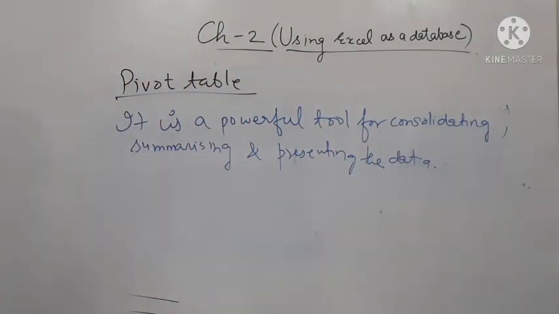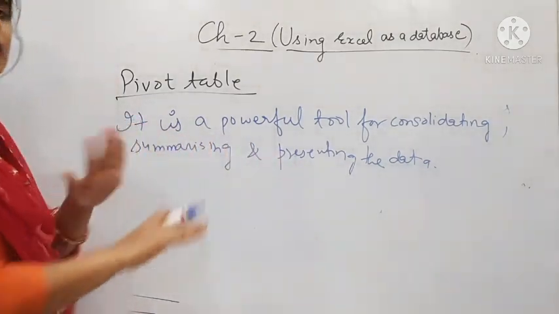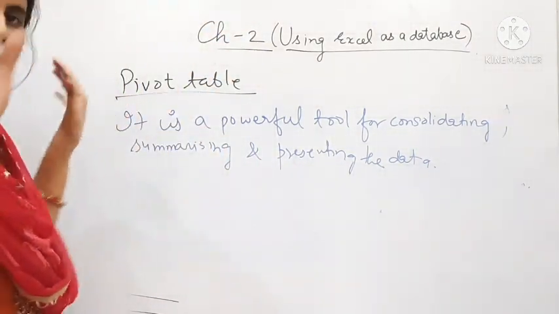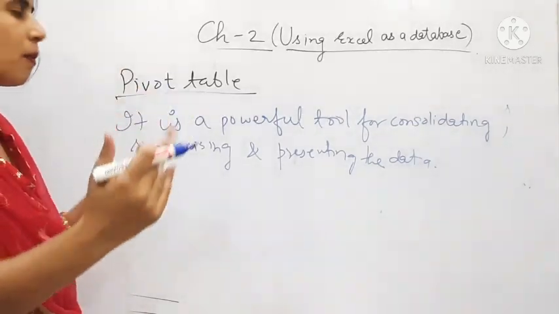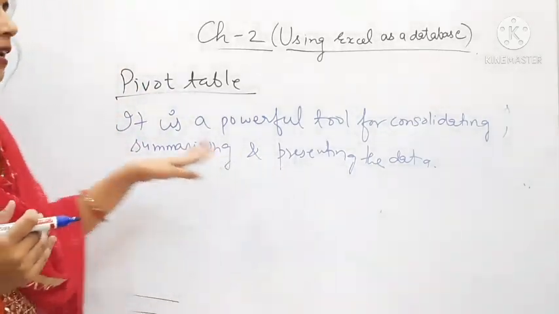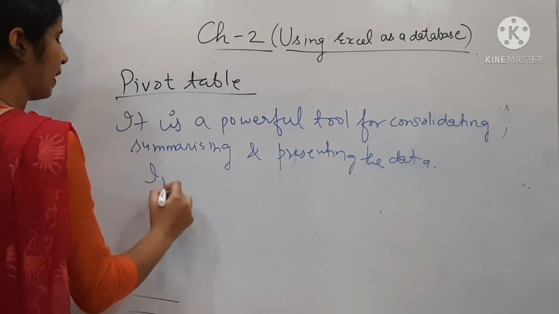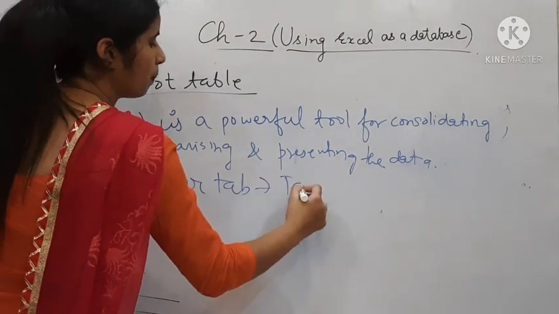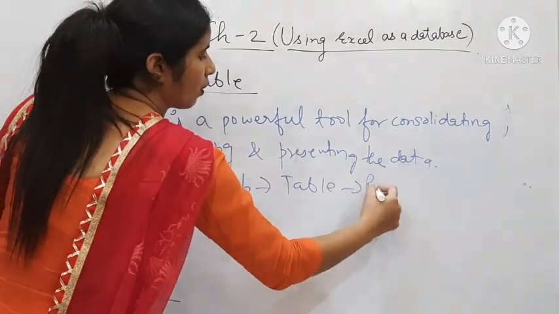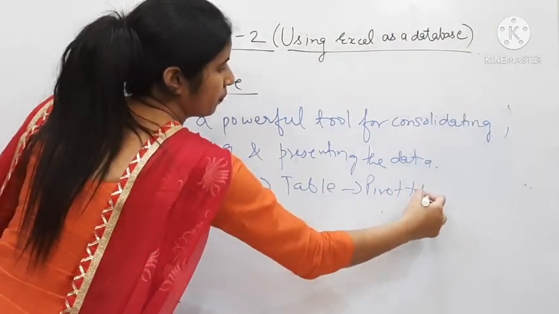And it is a powerful tool for consolidating, means it will show us complete details. Summarize means जो भी हमारे पास है हमने उसको एक proper order में summarize किया है, present किया है. ठीक है, this option we will find in insert tab. Insert tab, then we will go to table group and then we will get pivot table group.